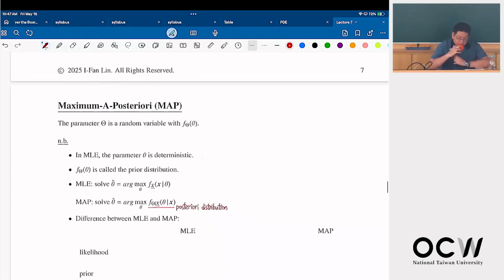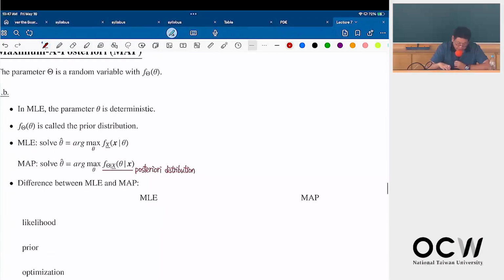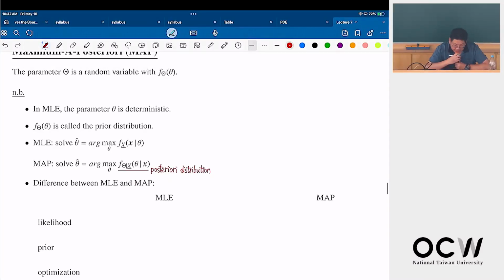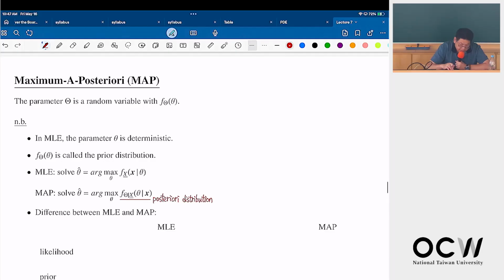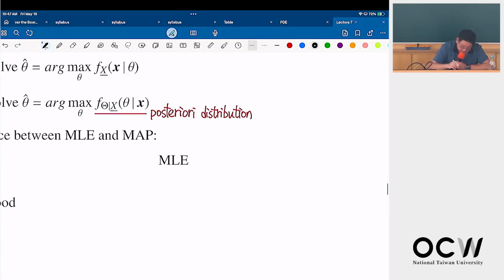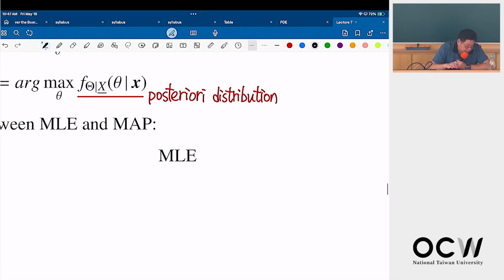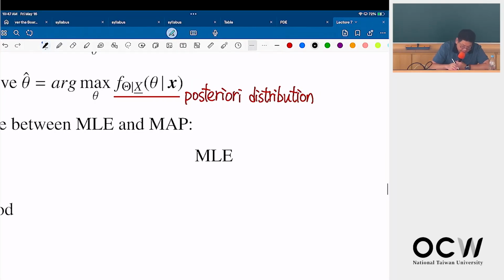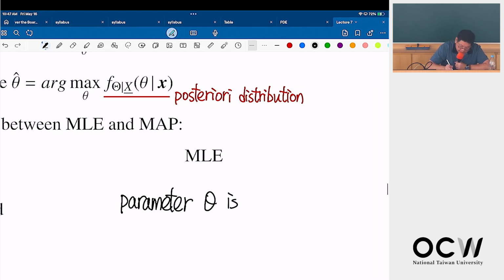Let's see the difference between the maximum likelihood estimation and the maximum a posteriori. For the maximum likelihood estimation, the parameter is deterministic. Data is deterministic.